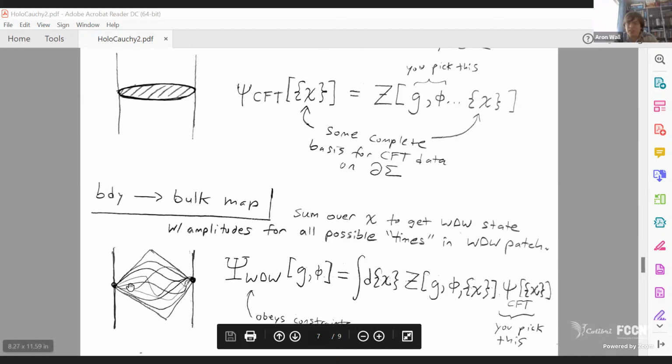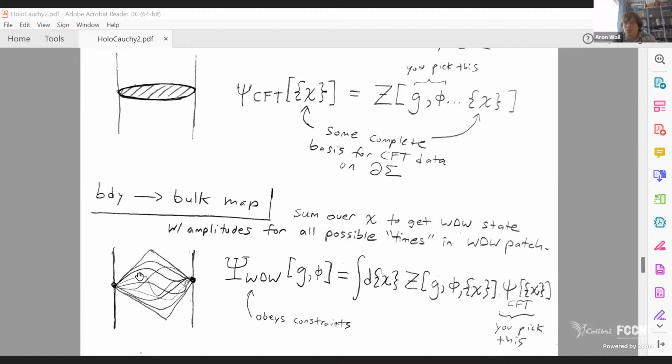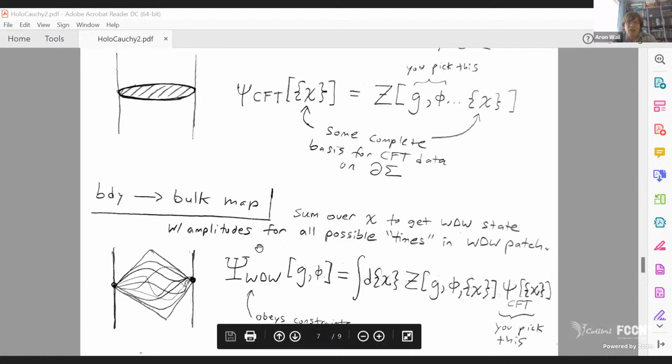It's only the physical information on both sides that's isomorphic in the AdS/CFT dictionary after you mod out by the gauge symmetry. So what this means is that a CFT state, when we map it back into the bulk, has to give us an entire constraint equation satisfying Wheeler-DeWitt wave function that's effectively a quantum superposition of all possible times, including wiggly slices.